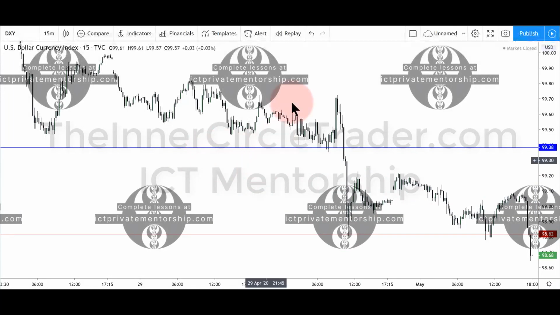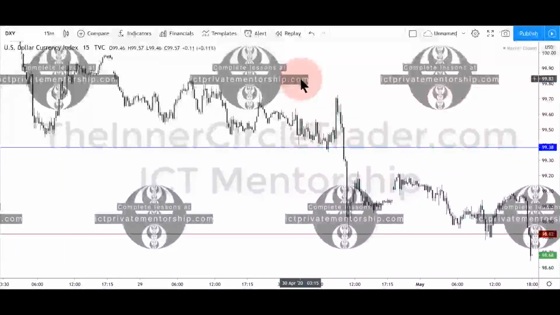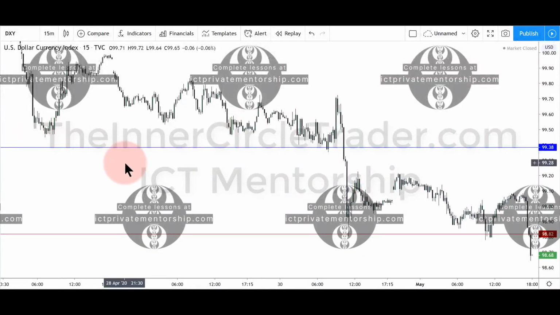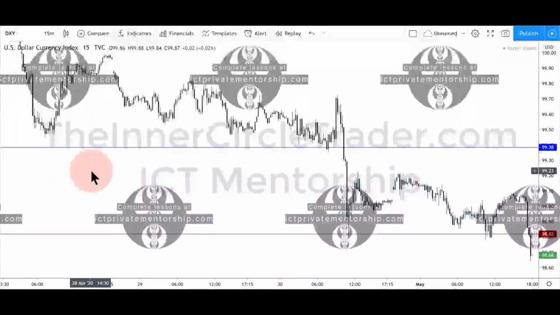I'm not claiming to know what exact levels are being used for stops. It's not important to me. I just know the general rule of thumb is below these lows and this low here, there are a lot of different levels that would be used for sell stops, or by those individuals looking to get short below these levels. There's a lot of discussion about liquidity, which we're not going to cover here, but is talked about in many lessons throughout the mentorship.